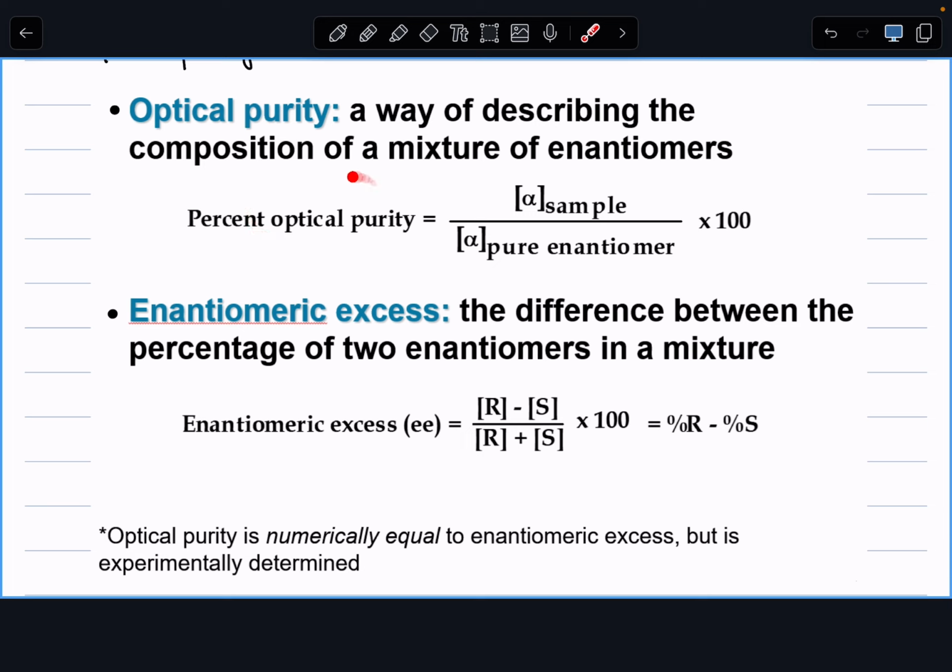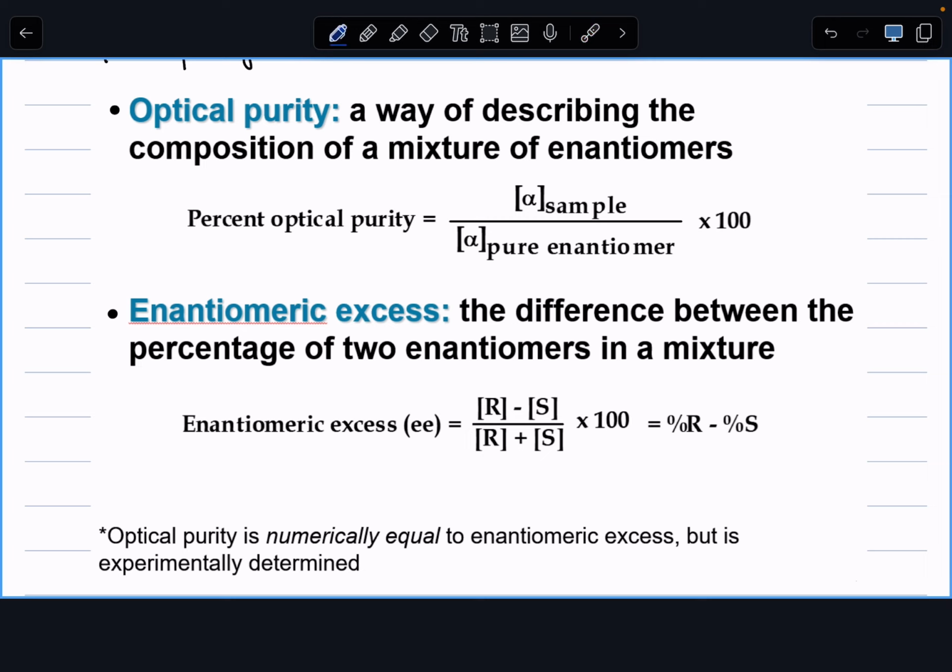All right, so the top one you can measure experimentally, and this experimental measurement gives us the value of enantiomeric excess. And EE, when we say enantiomeric excess, that's R minus S, the difference of your stereoisomers over the total amount of your stereoisomers, times 100%.